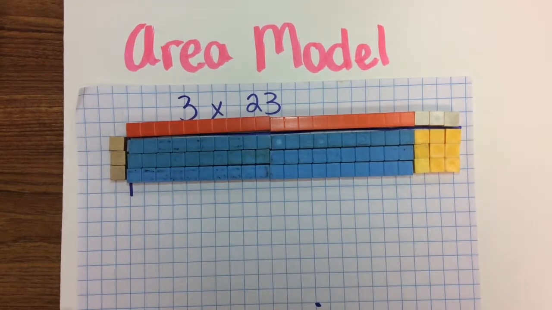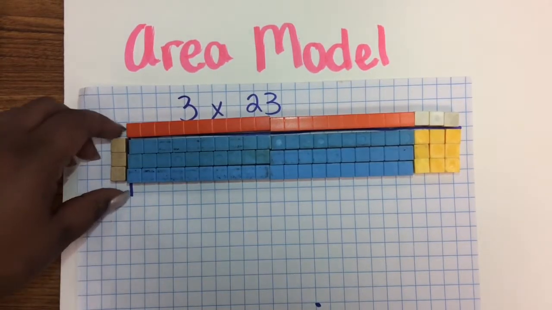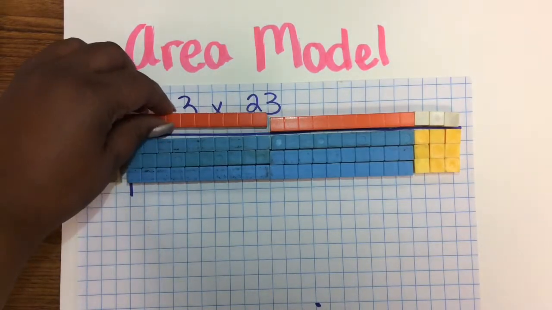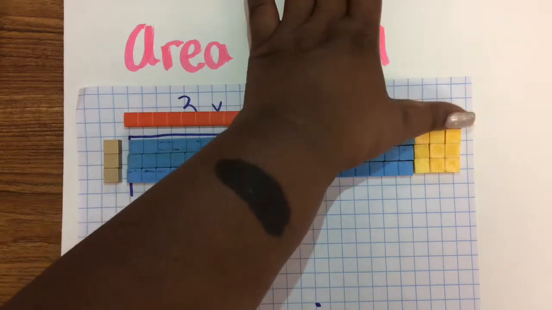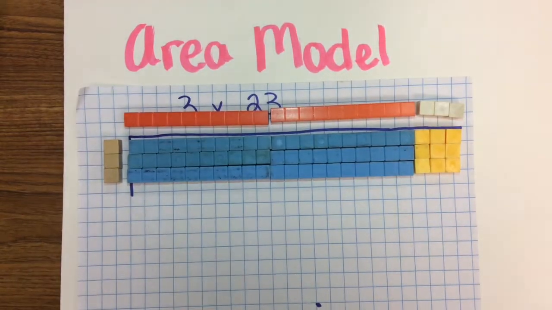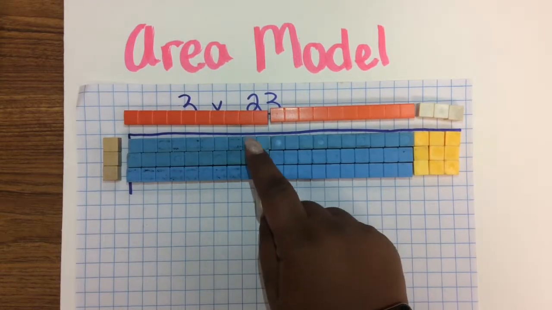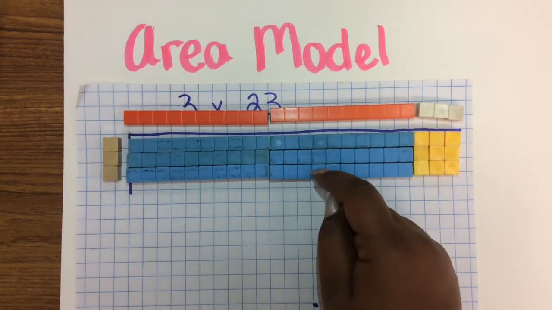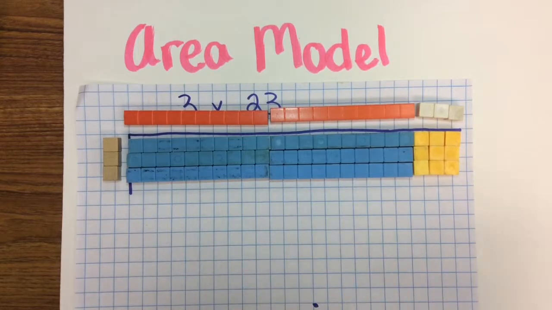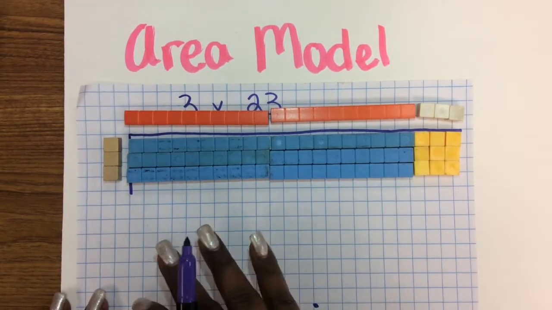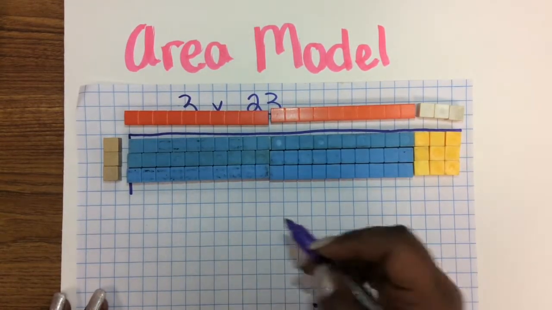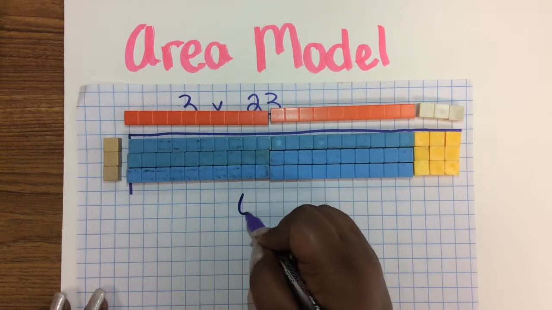Okay, so what we're left with is, I'm going to move these to the side a little bit. 6. 1, 2, 3, 4, 5, 6. We've got 6 tens. So if we have 6 groups of 10, that means our number is 60.